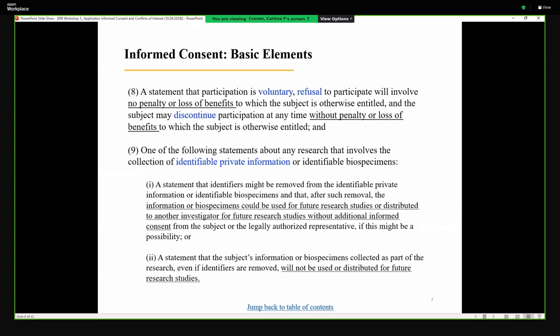UIS is technically the owner of that data. You cannot give it to someone else, even if it's de-identified, if they do not consent to having that information shared. However, if you want to be more conservative, you can use the statement that it will not be used or distributed for future research studies. And that is even for your own. The consent is only for that specific protocol.